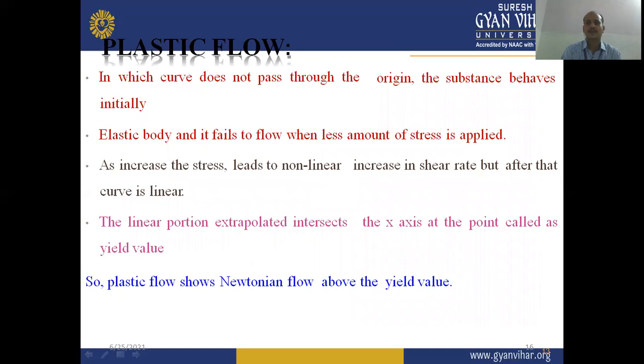In this type of plastic flow, in which the curve does not pass through the origin, the substance behaves initially like an elastic body, and it fails to flow when a small amount of stress is applied. Increasing the stress leads to a non-linear increase in shear rate, but after that the curve is linear.